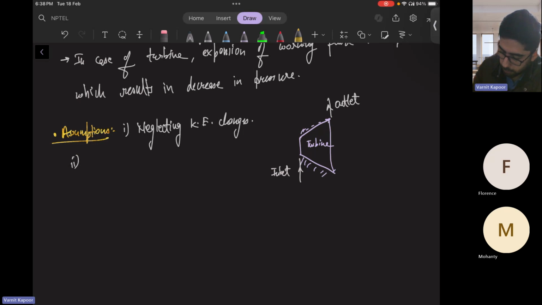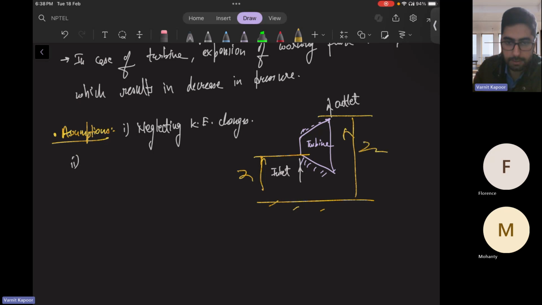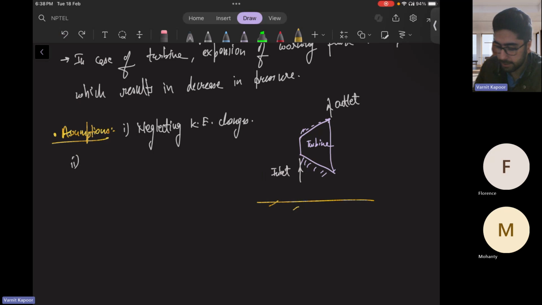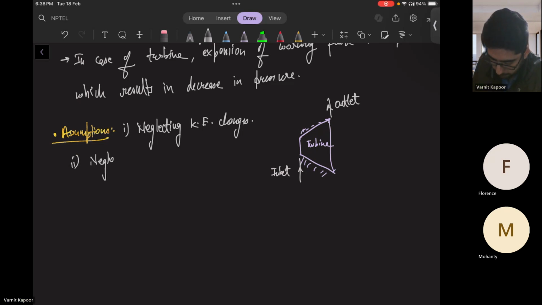So don't go with this diagram like this. Don't understand that this is inlet, so this is Z1 and this is outlet, this is Z2. Please don't get confused. The diagram is like that, but your whole turbine is at the same level. This is just for reference drawing purposes. So neglecting potential energy changes.